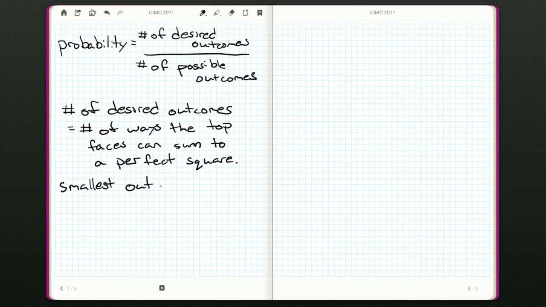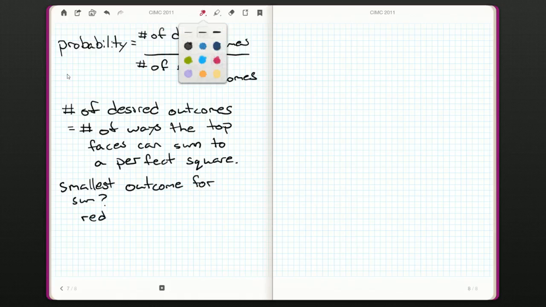So what's the smallest possible outcome for the sum? Well, the faces of the dice are numbered 1 through 6. So it could very well happen that the red die gives us a 1, and the blue die also gives us a 1.